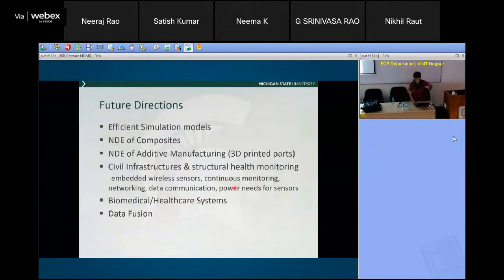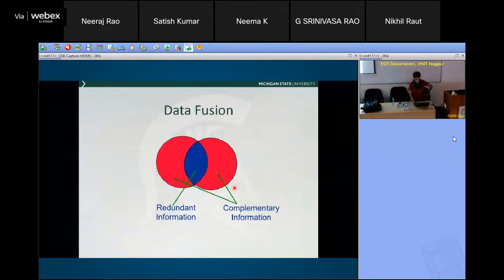And data fusion. Data fusion is, you have two different NDE methods, so they have different kinds of information. The human being is an example of data fusion. We have eyes and nose and ears, where we have different types of information which all gets fused to get a full-fledged interpretation.